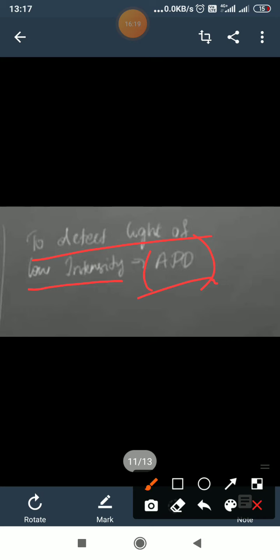When light falls on a PN junction, we are not saying that constant light energy is falling on it. It may vary. So if we want to detect light of low intensity, that type of detector we call avalanche photodiodes.